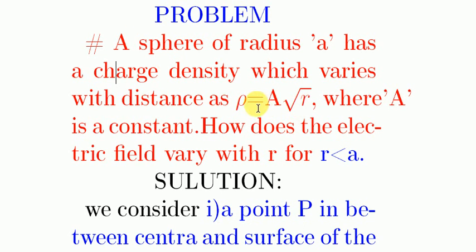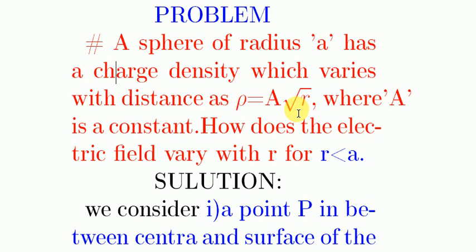This equation in this problem indicates that the sphere is a solid sphere, because the volume density of charge is denoted by rho, and the equation gives us the volume density of charge of the sphere. A solid sphere corresponds to volume density of charge, and a spherical shell or hollow sphere always corresponds to surface density of charge.